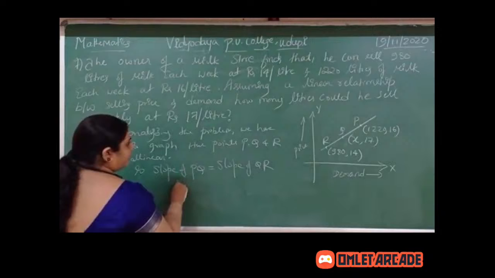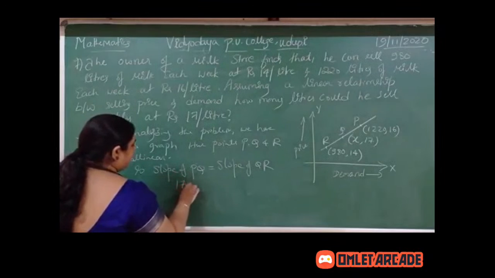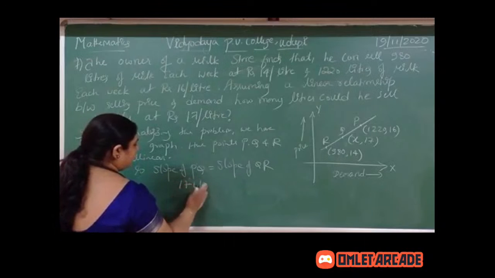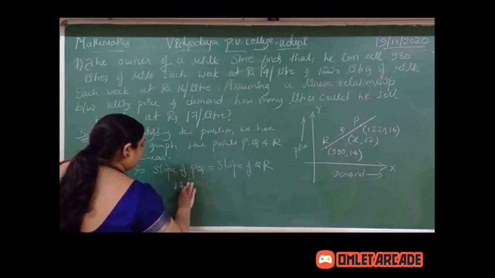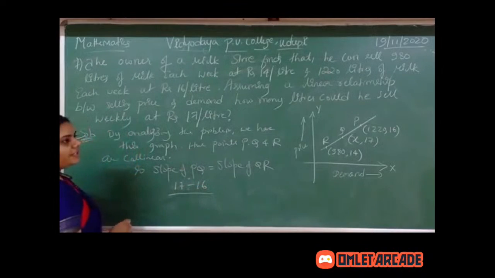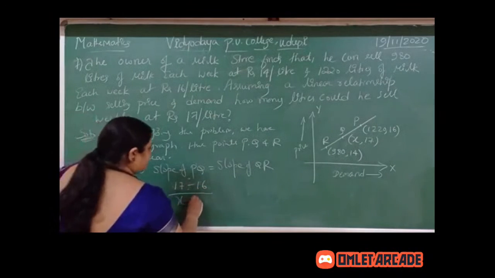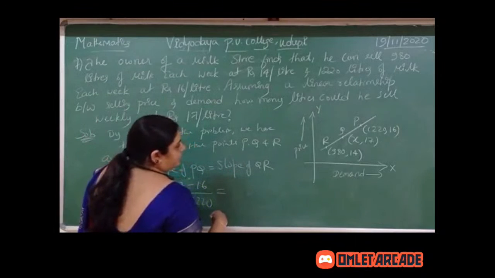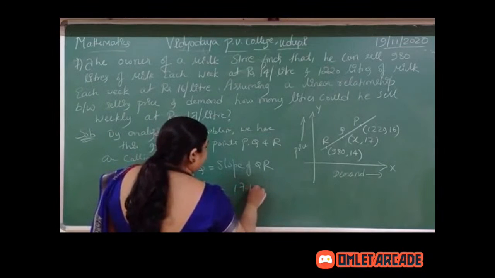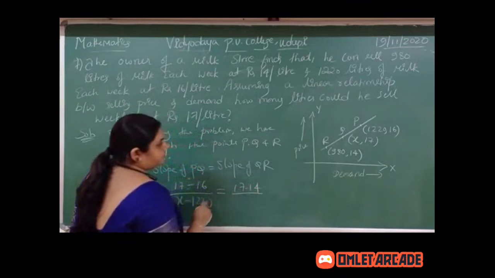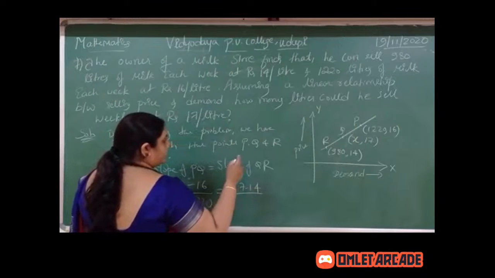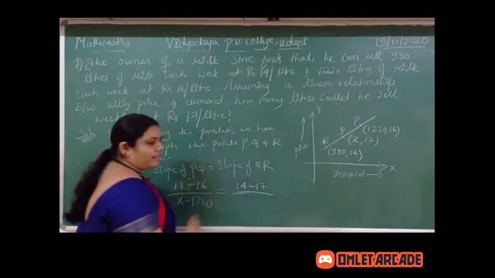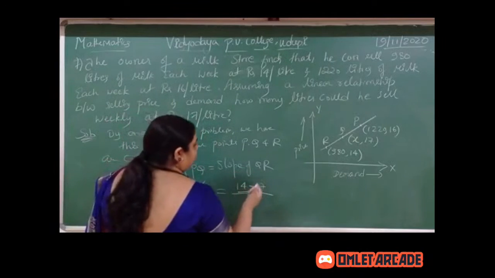PQ: y2 minus y1, 17 minus 16 will be 1, isn't it? Y2 minus y1 divided by x2 minus x1 is equal to QR. So in terms of QR, 14 minus 17 divided by, you can write in any way, you will get the same answer.